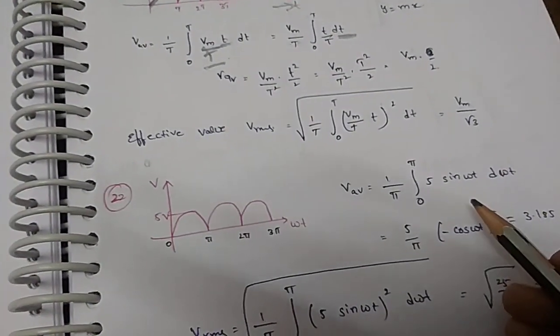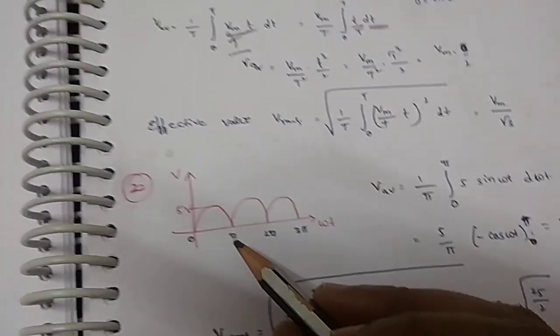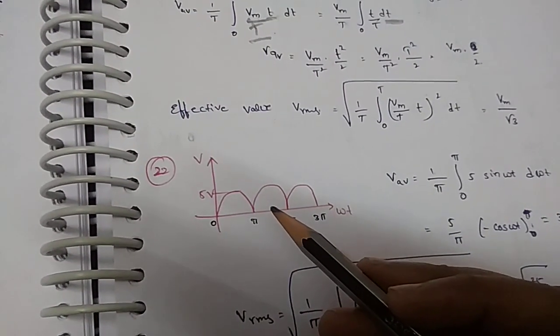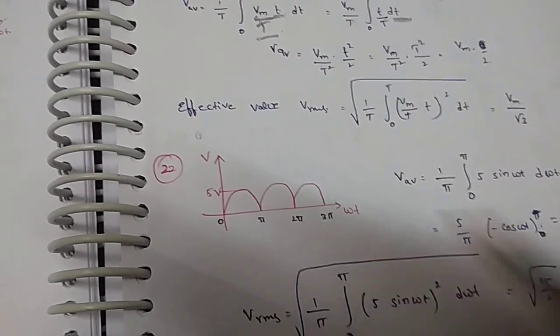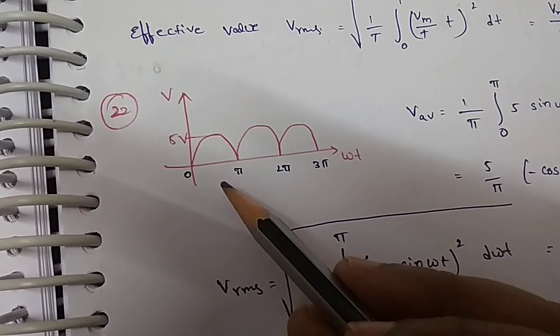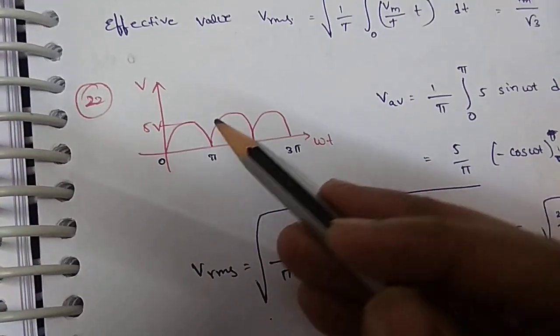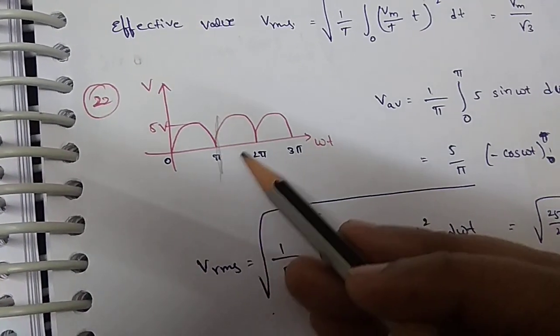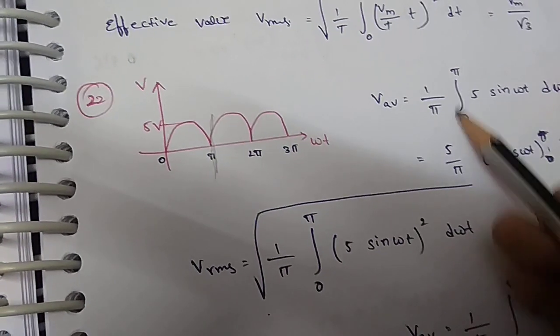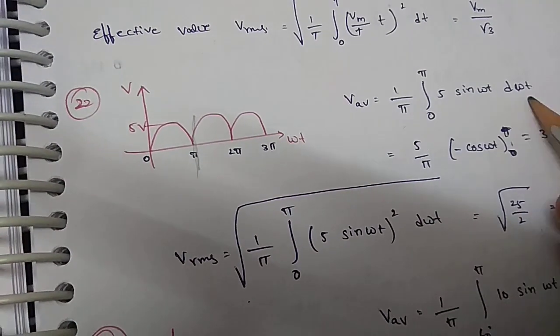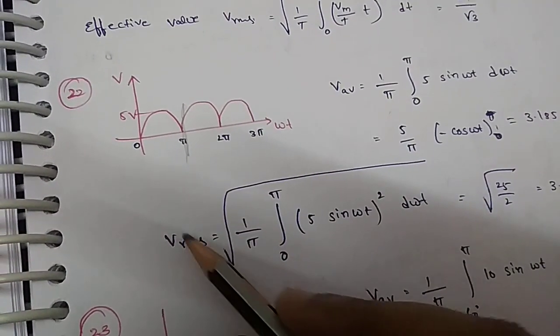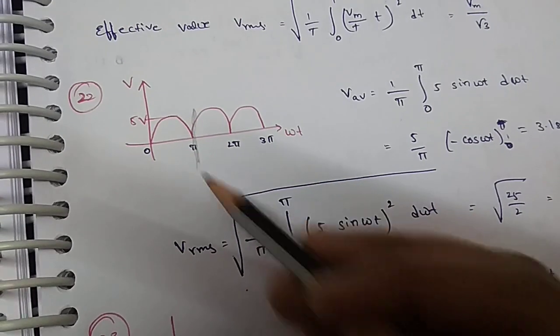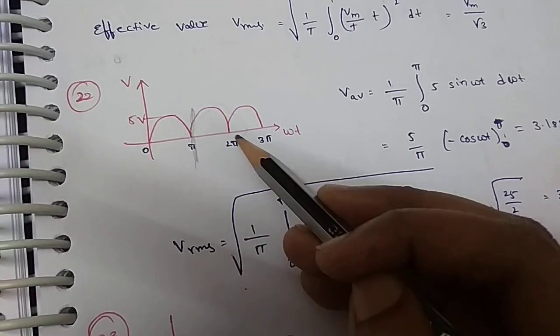Okay, in a similar fashion, if I go with the full wave rectifier, again I perform it for the half cycle, complete cycle, 1 by pi, 0 to pi. And here for the RMS value also, this is the complete cycle, because after here itself it is repeating.